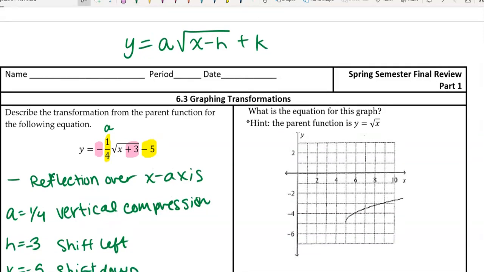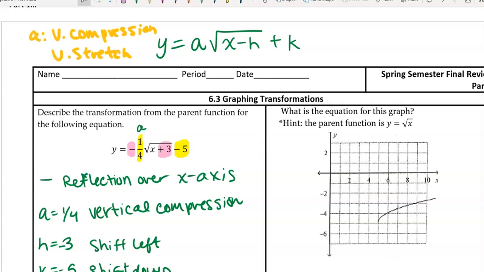And we can go ahead and talk about the different letters and what they mean. A is either a vertical compression or a vertical stretch. I guess I can specify that by saying if A is less than 1, it's a vertical compression, and if A is greater than 1, then we have a vertical stretch.